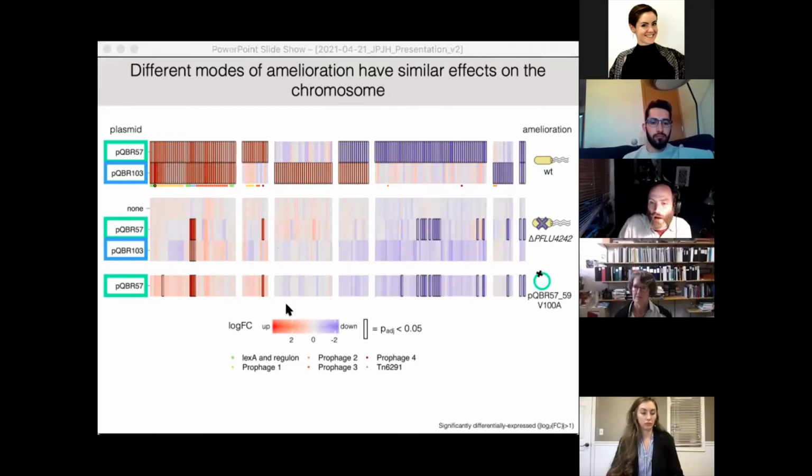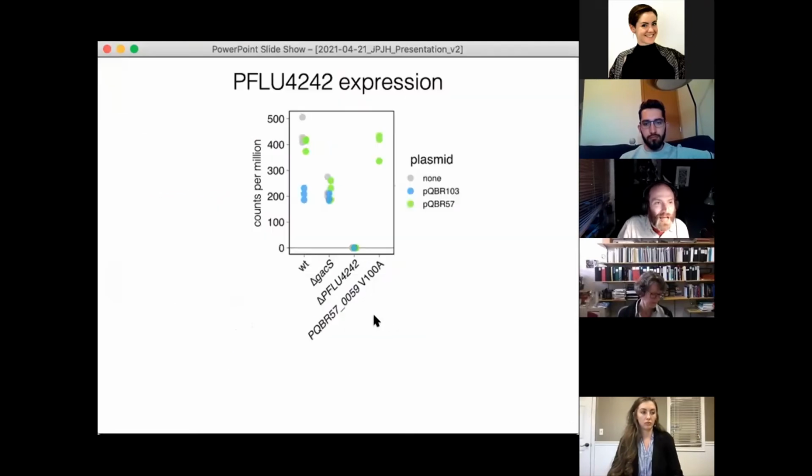Okay, I'm not showing the GAC-S effects on here. The reason for that is that GAC-S is a master regulator of secondary metabolism, so if you just knock out this gene, you get huge amounts of differential gene expression. But I'm just going to focus on one particular effect of knocking out GAC-S, and that is if we knock out this gene GAC-S, we decrease the expression of this other gene involved in plasmid fitness cost, PFLE4242.